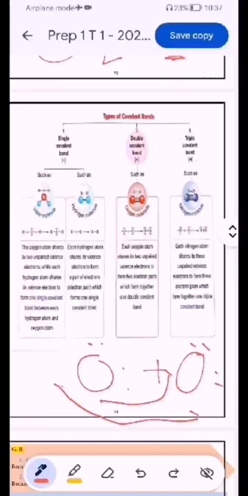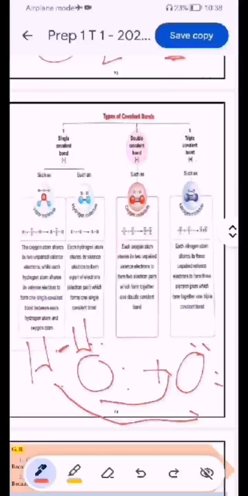Okay. So again, single covalent bond, such as the hydrogen molecule. Each hydrogen atom shares its valence electron to form a pair of electrons, H and H. Each one of them contains one electron, so we have one pair of electrons. So that's called a single covalent bond.